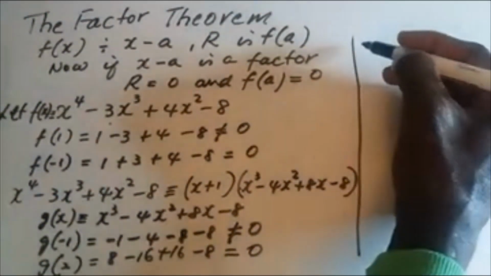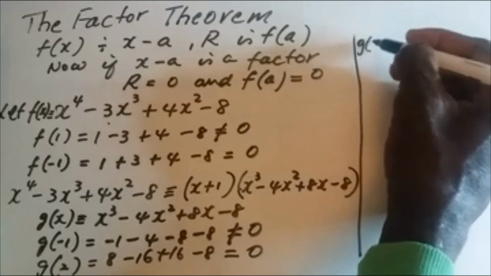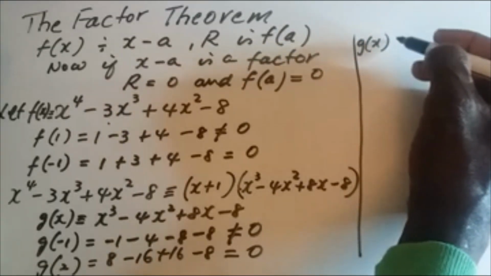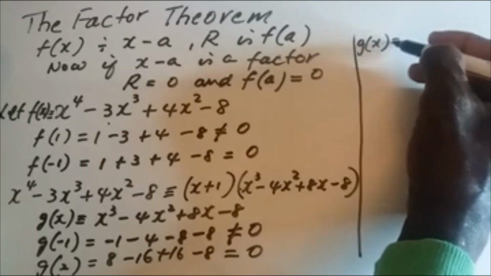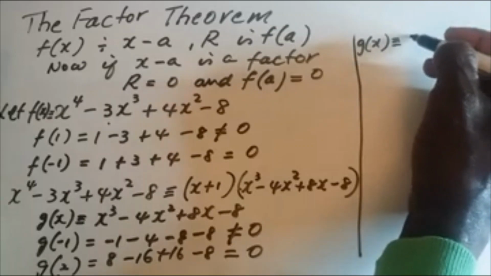So now we can write that g of x is now equivalent to what we have, 3, what was that?